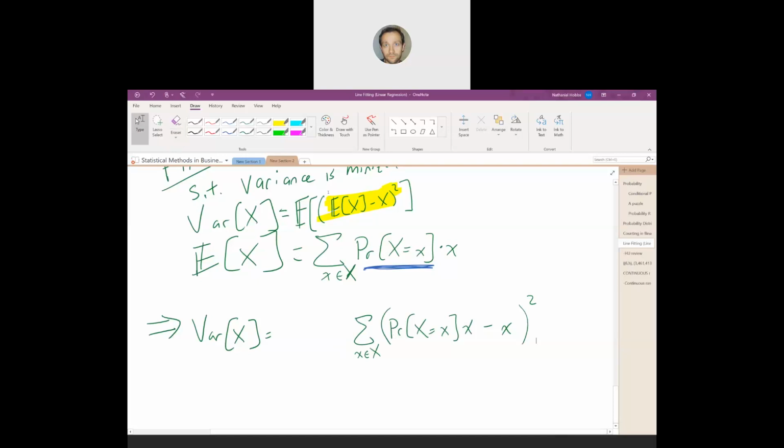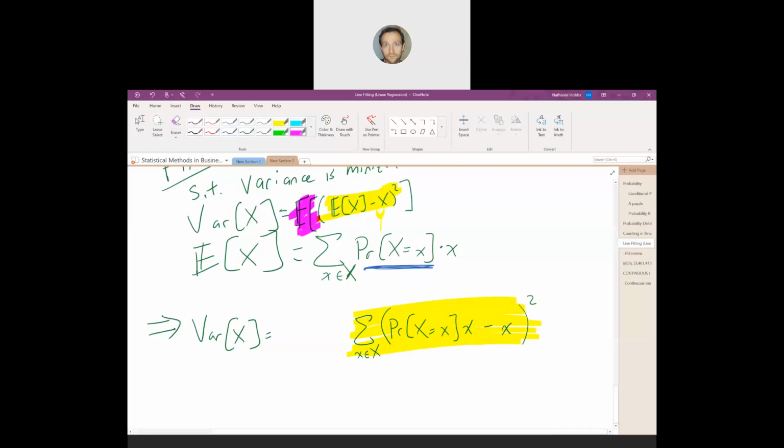So this is just a number, and this is going to be itself a random variable. And this random variable is going to be squared. So if I call this random variable y, I'll call this y.